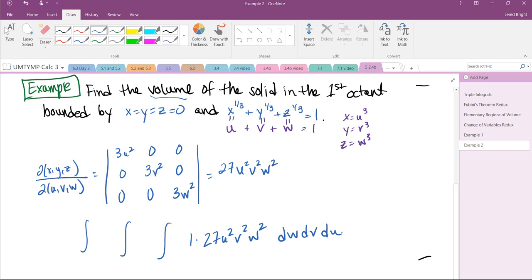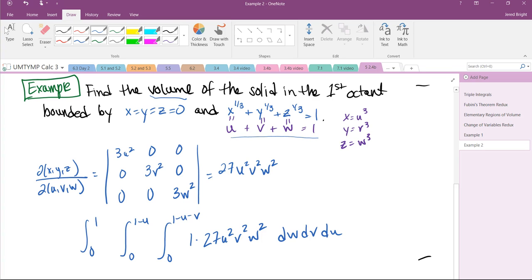U is going to go from 0 to 1 at most. Then I have to use this to find the bounds of the other variables in terms of the other variables. So v is going to go from 0 to 1 minus u, and then lastly for w, 0 to 1 minus u minus v.